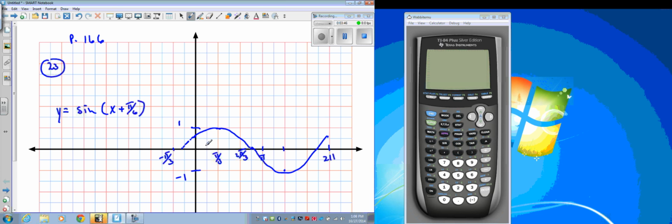If you went minus pi over 3, that's possible. Y equals cosine of x minus pi over 3. And that would be possible. You move this thing forward to here. So that's probably right.